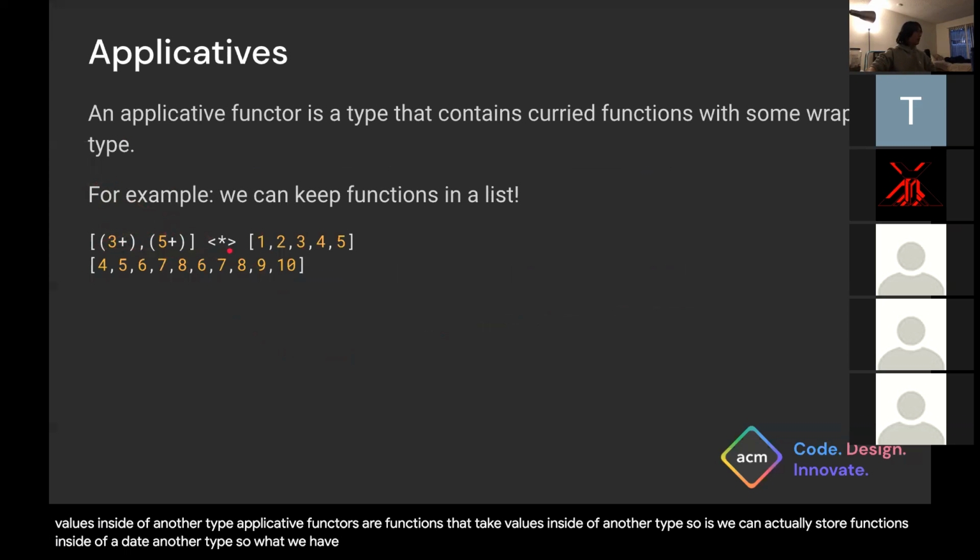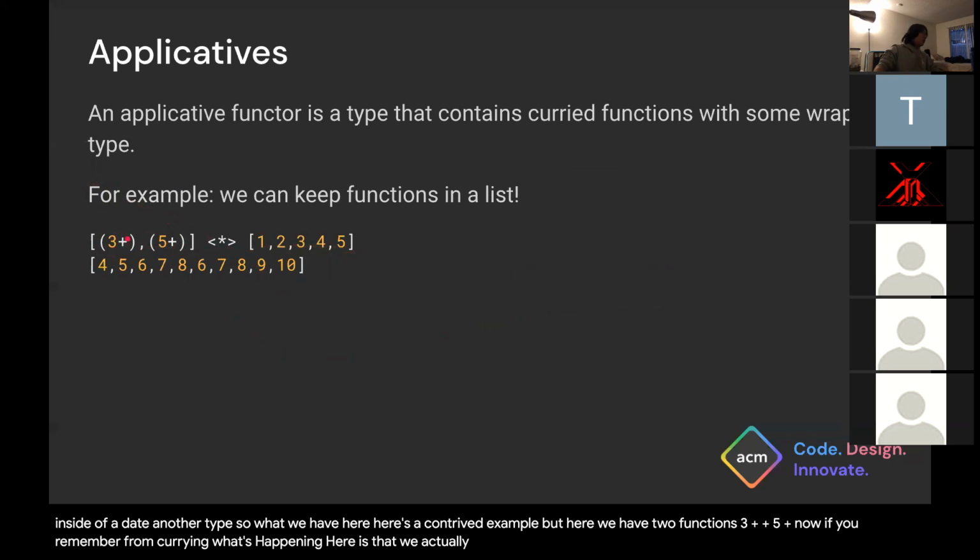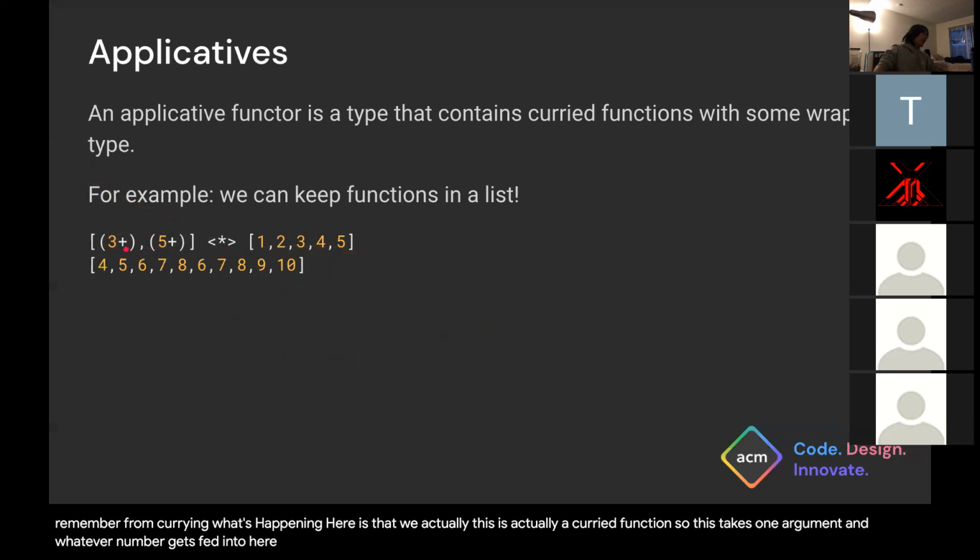Here's a contrived example: we have two functions, 3+ and 5+. If you remember from currying, this is actually a curried function. It takes one argument, and whatever number gets fed in gets added to 3. And we have the same thing here, but instead of adding 3, you add 5.